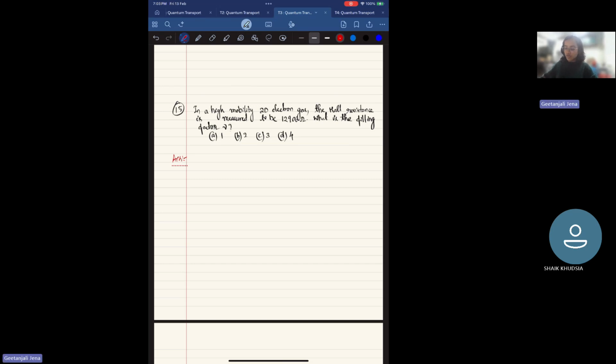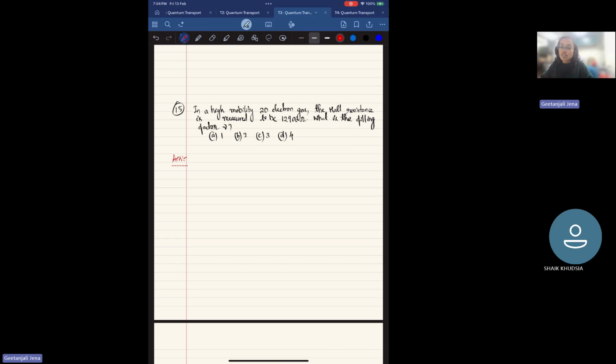Okay, so there is a question. Mapping of Fermi surface is done exploiting Shubnikov-de Haas effect or de Haas-van Alphen effect. I'm confused in this. So you just need to look into the core concept. What is Shubnikov-de Haas effect and what is de Haas-van Alphen effect?